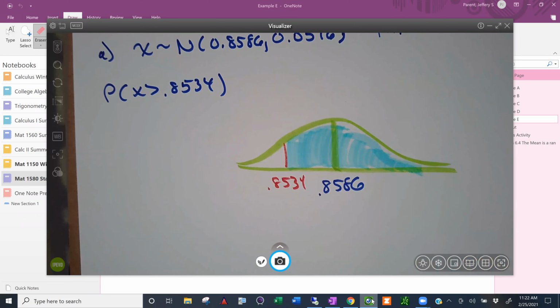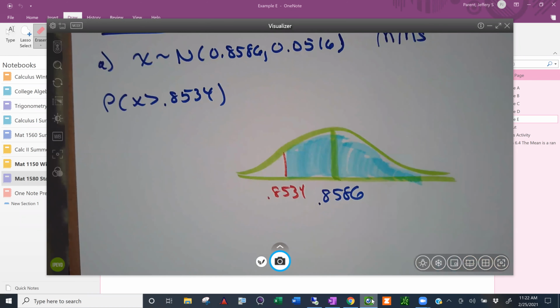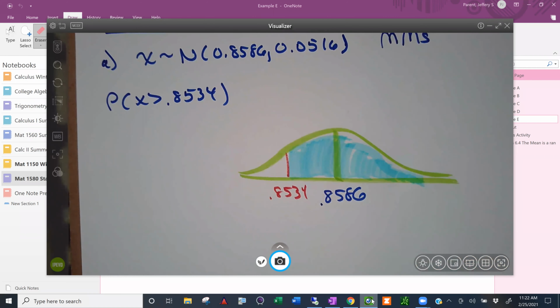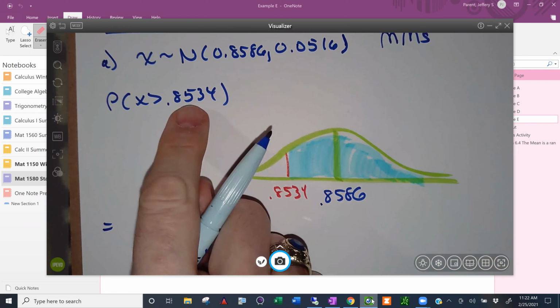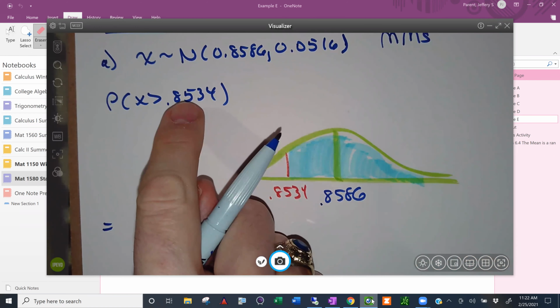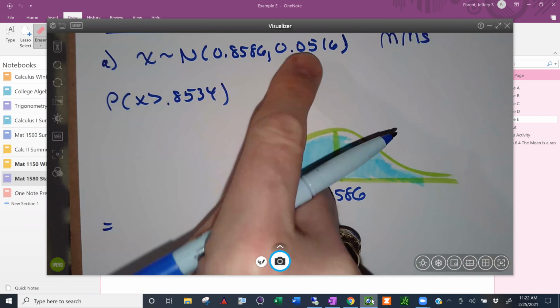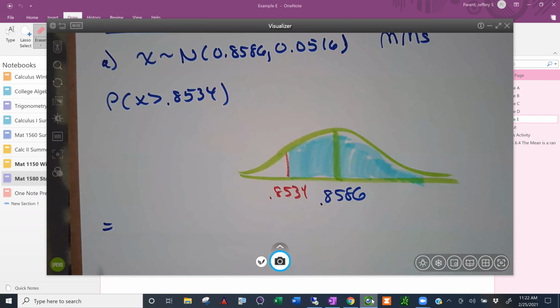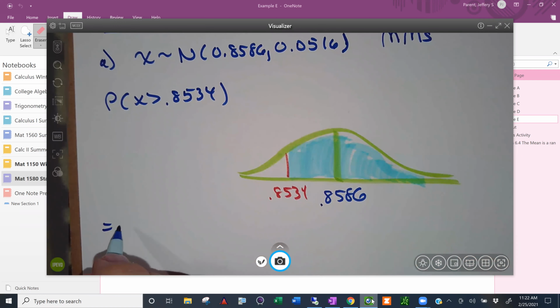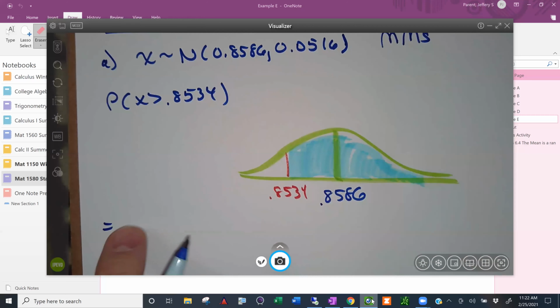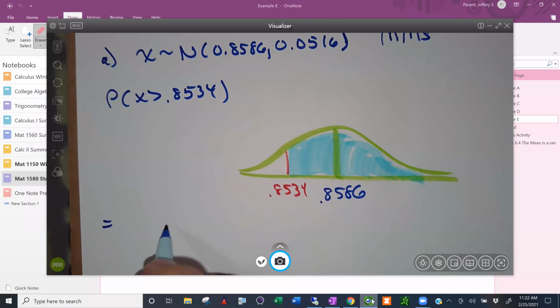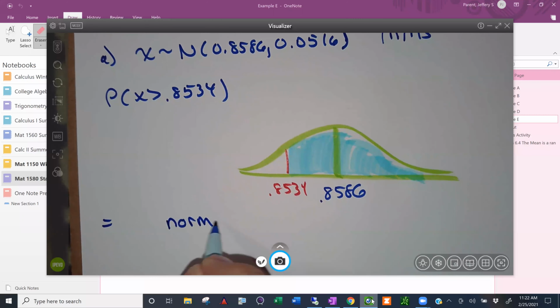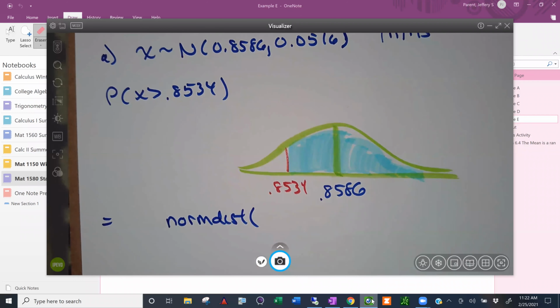So how are we going to do that? Well, you could calculate a z-score and do it directly on StatDisk. There's nothing wrong with that. The z-score you would use is z equals this minus this divided by that. If we do it with Google Sheets, let's save a little room here next to that equal sign. I'm going to write norm distribution of what?